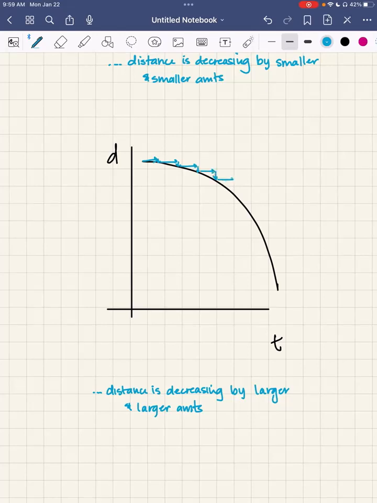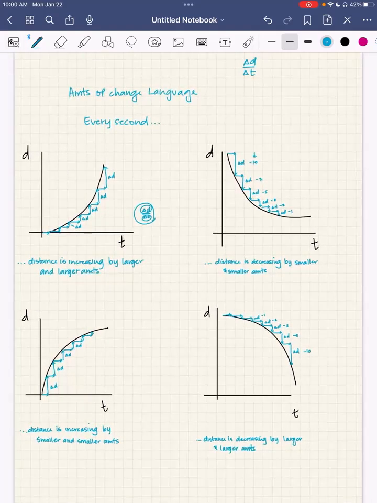Oh, now it starts to decrease more, right? And then finally here. So those changes in distance, all those little ones, you can't even see that one, right? These changes in distance are getting more and more negative. So like if this was -1, -2, -3, -5, -10, right? That kind of idea. So every second, the distance is decreasing by larger and larger amounts.